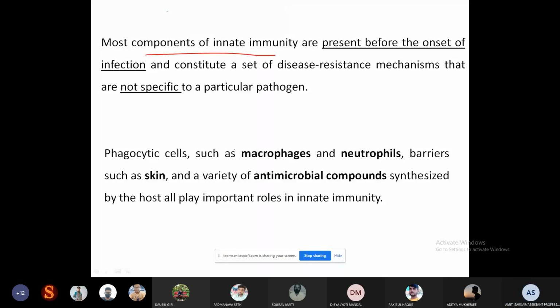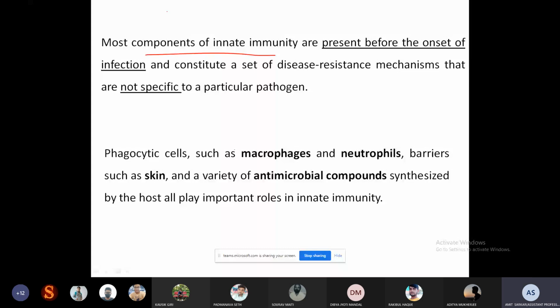Okay. Phagocytic cells, we have seen in the last class or the class before, like macrophages and neutrophils. Also some barriers we have, such as our skin, and we'll see other things as well, and a variety of antimicrobial compounds.